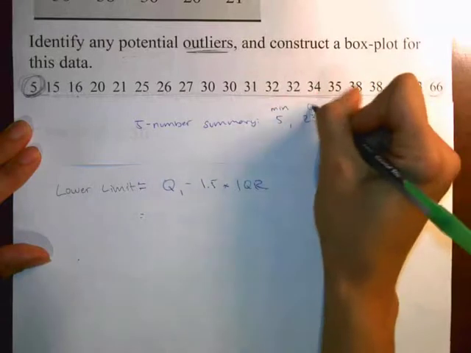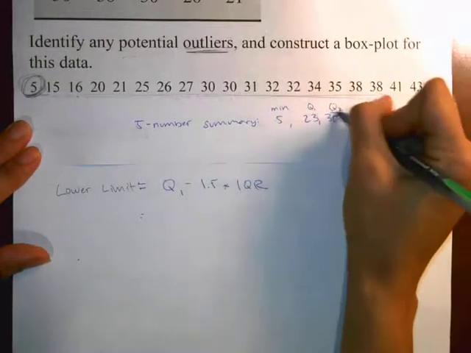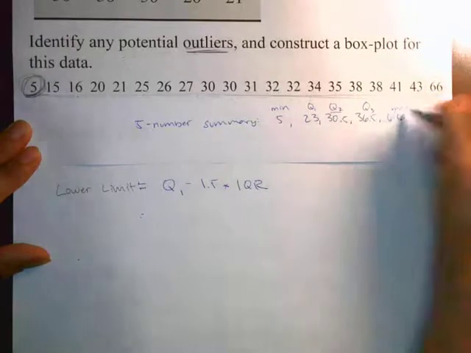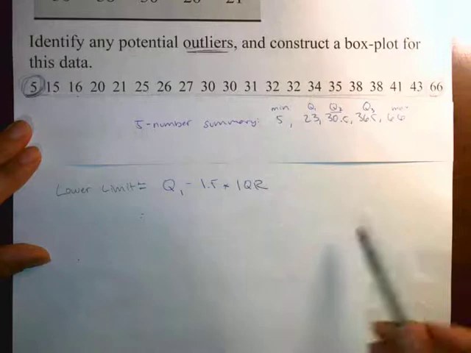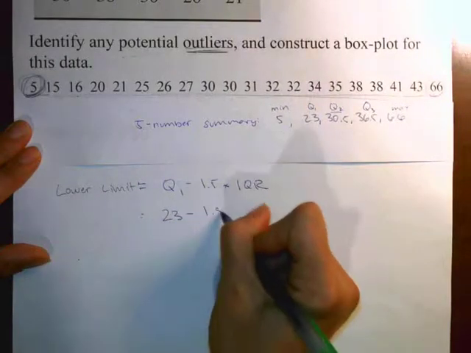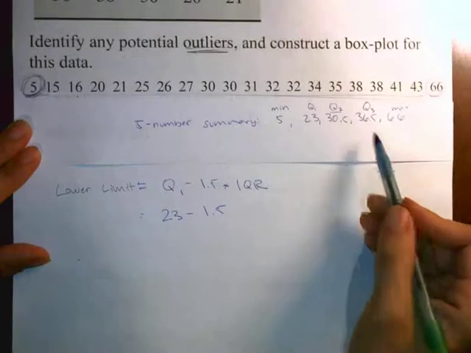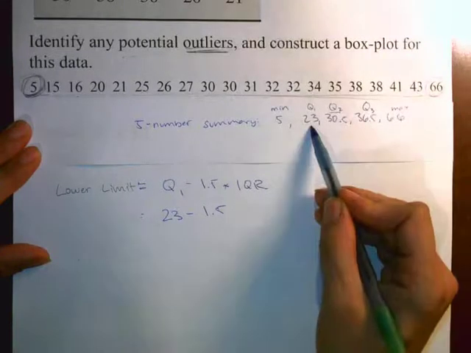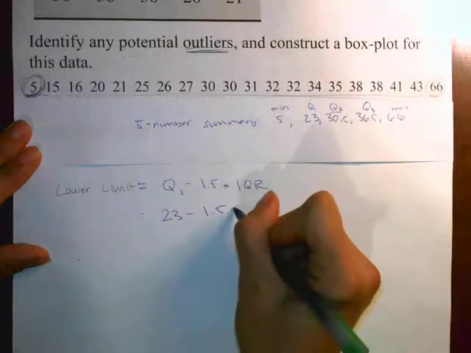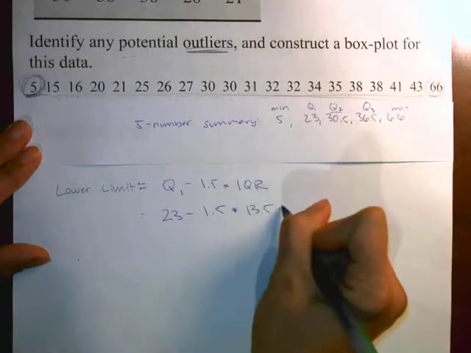Where this was the min, there's Q1, Q2, which is also the median, Q3, and the max. So our lower limit is going to be Q1, 23, minus 1.5 times the interquartile range, which is Q3 minus Q1, which is why I had to correct my mistake before, which is 13.5.